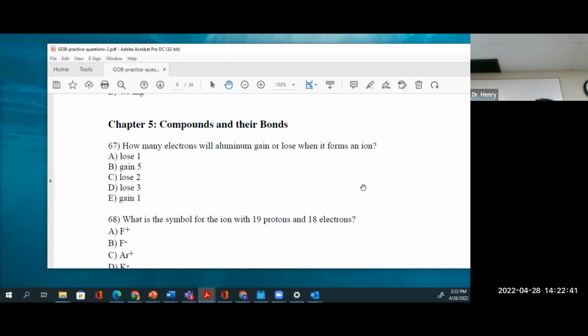Okay, how many electrons will aluminum gain or lose when it forms an ion? It's going to lose 3 electrons. You guys agree? And that's plus 3 charge. So it loses 3 electrons. Okay.